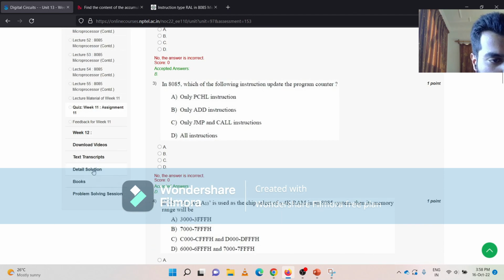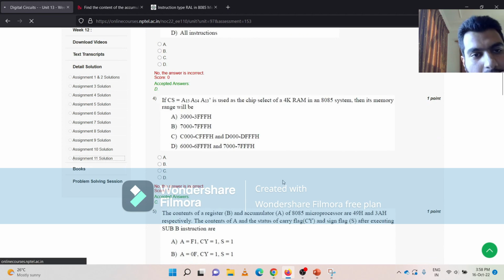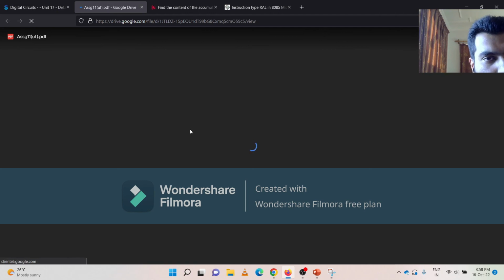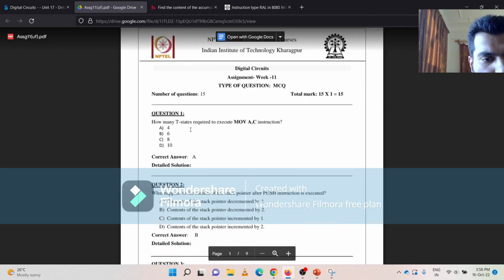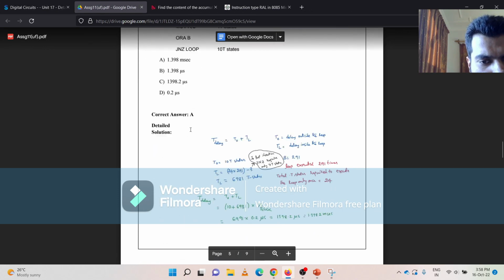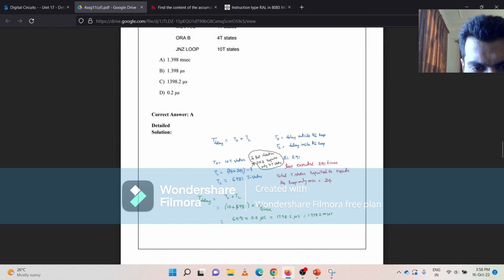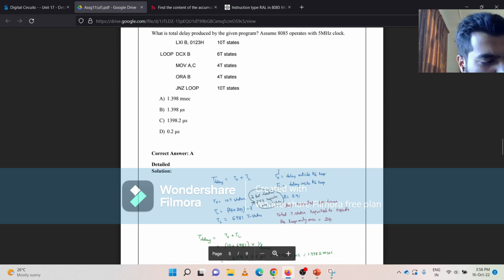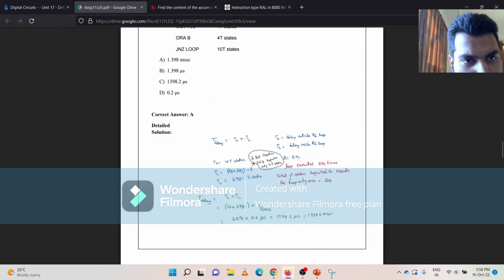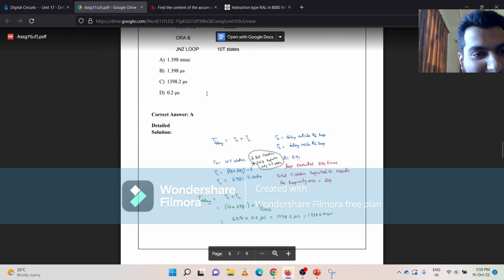Maybe we might be wrong. 6981.2. What is 1 divided by 5 megahertz? That is 0.2. 1398.2 microseconds. These both options are correct. If you just look at it, both of them are correct.